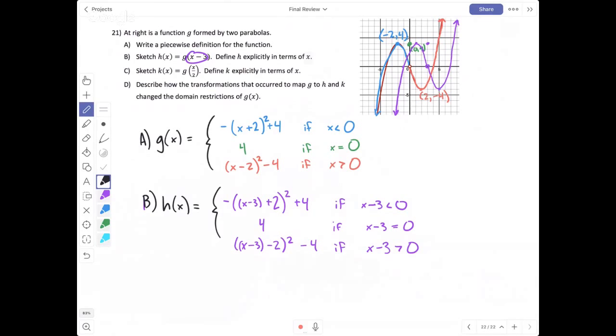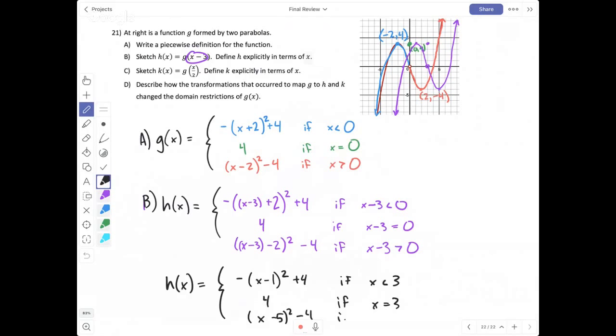And when that happens, obviously the better way to write this would be h of x equals negative 3 plus 2 is minus 1, x minus 1 squared plus 4 if x is less than 3, and 4 if x equals 3, and x minus 5 squared minus 4 if x is greater than 3.